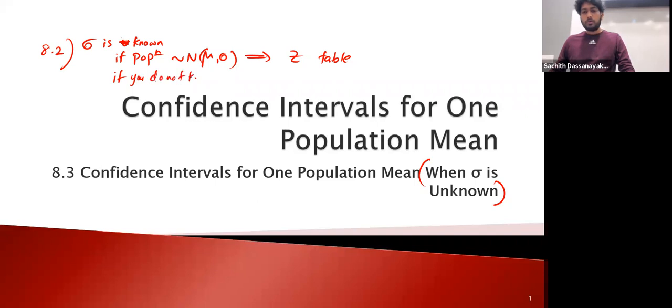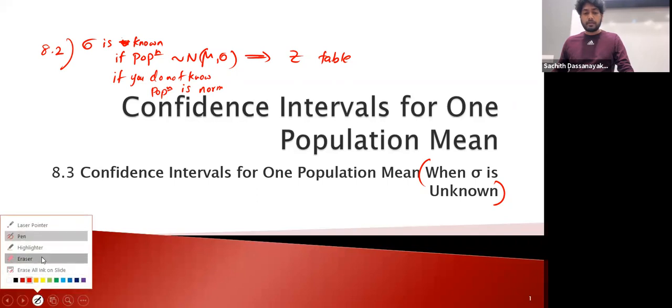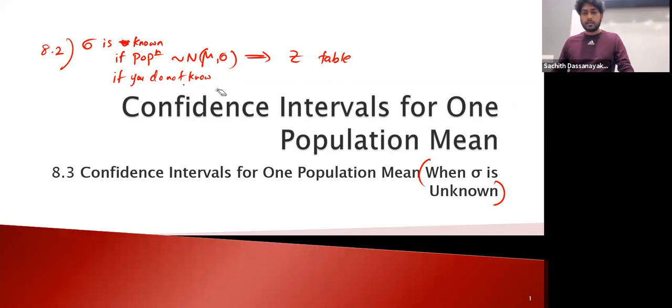The other case is you don't know whether your population is normally distributed or not. Let's say you do not know anything about your population.